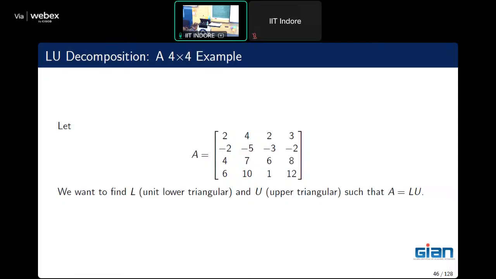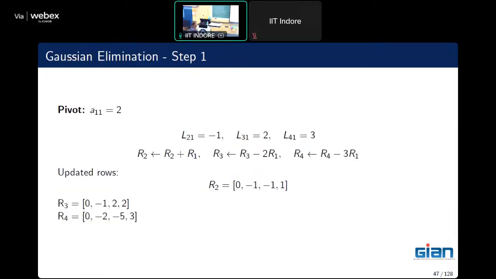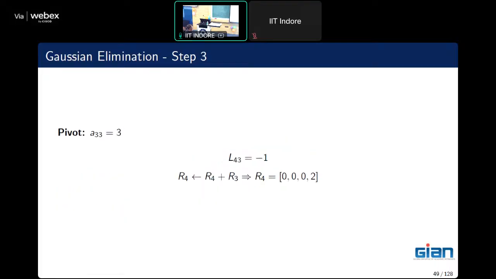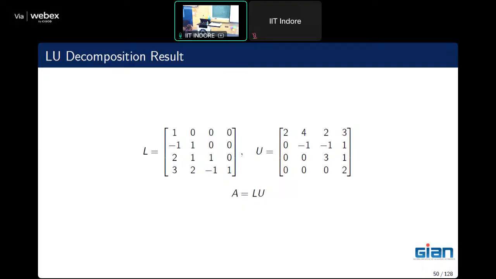So say, for example, if you have a matrix A, then you can apply this LDU decomposition and do the row operations and get this updated matrix. Okay, the pivot element is minus 1, and use this row, and then finally you can see this is unit lower triangular because the diagonals are 1, and this is an upper triangular matrix.